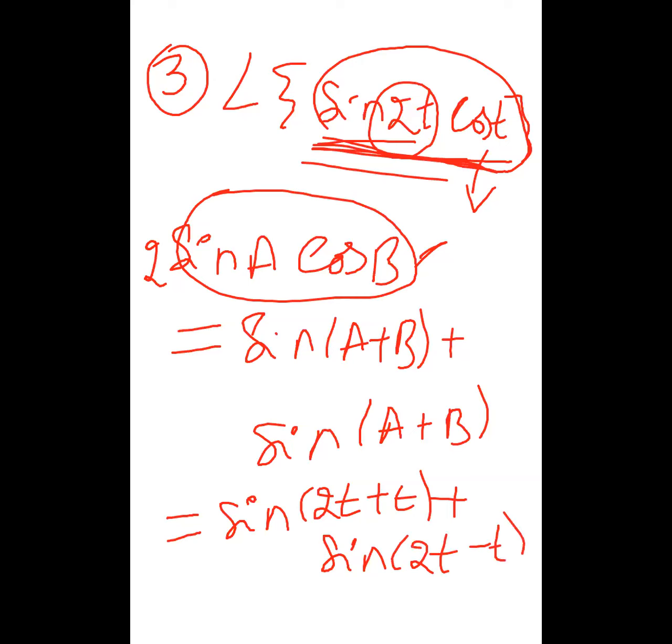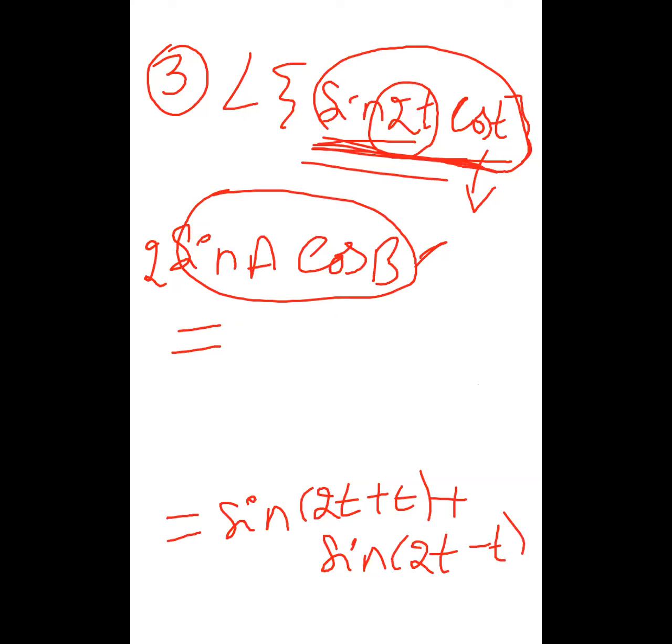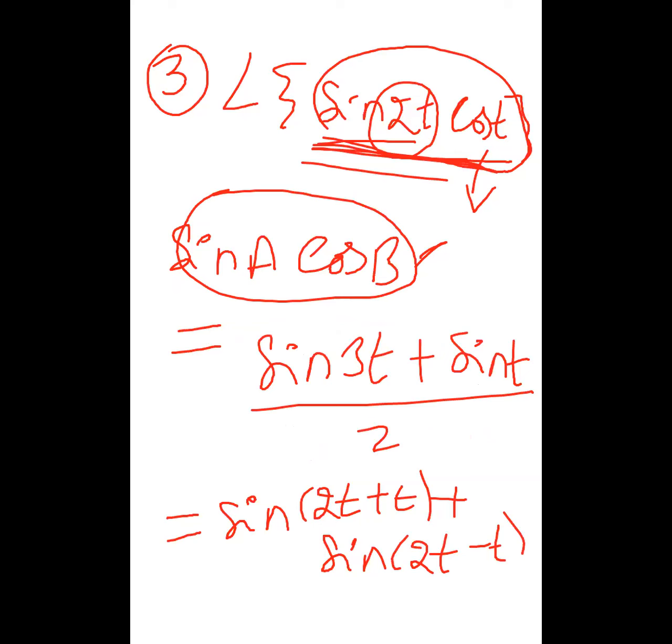Sin of 2t plus t equals sin 3t. Sin of 2t minus t equals sin t. So sin 3t plus sin t. Dividing by 2 on both sides, we get sin 2t cos t equals sin 3t plus sin t by 2.